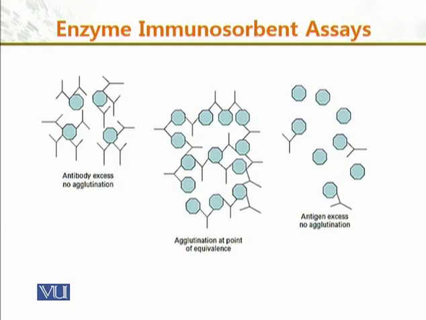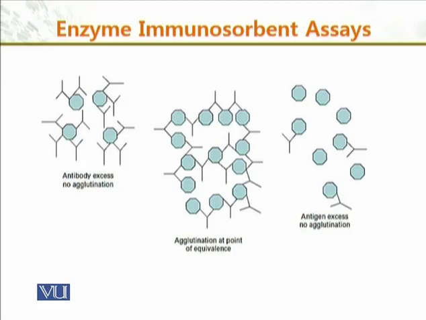The precipitation occurs, and we can see it. And if the antigen, on the contrary, is in excess, again there is no agglutination. So we have to adopt a middle pathway: when they both are equal, agglutination will occur, and that will render us some method to assay them.